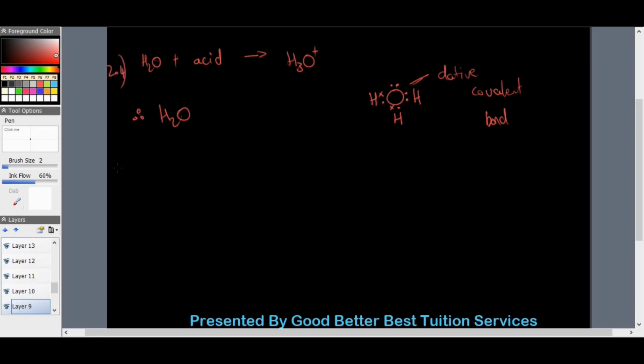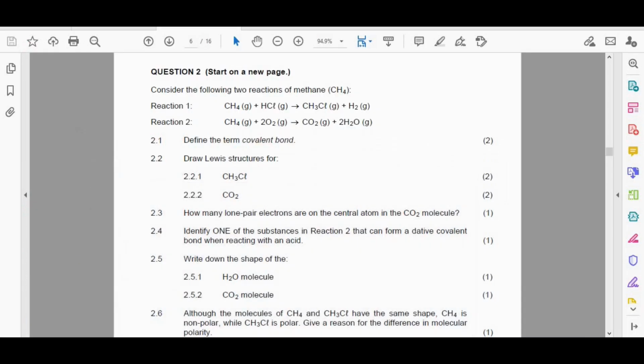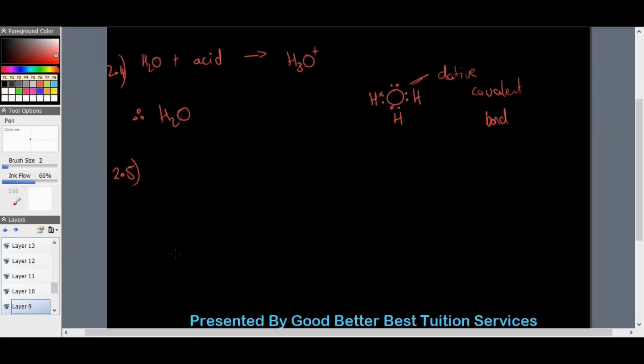We haven't got to acids and bases just yet. Okay, 2.5. I think they asked us to write down the shape of the H2O molecule. Anybody? Somebody? Bent, angular.